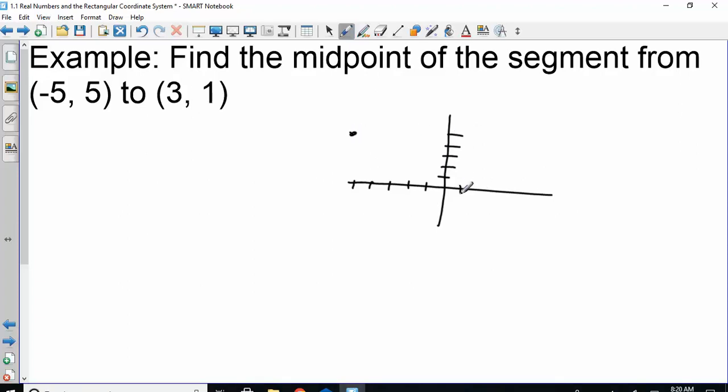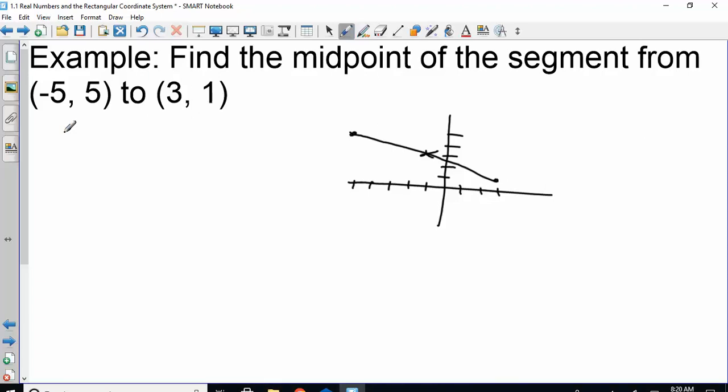If you connected those points, I want to know what point is in the middle of this line segment. I can't just eyeball it. I need to know exactly. So our midpoint formula, the midpoint is the middle of this.